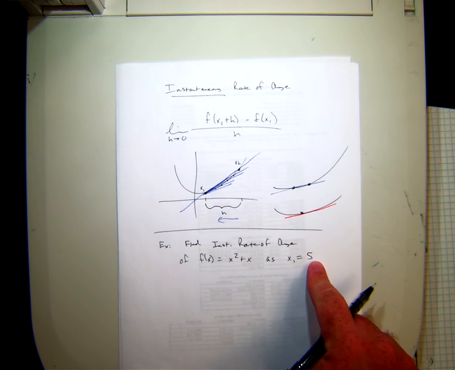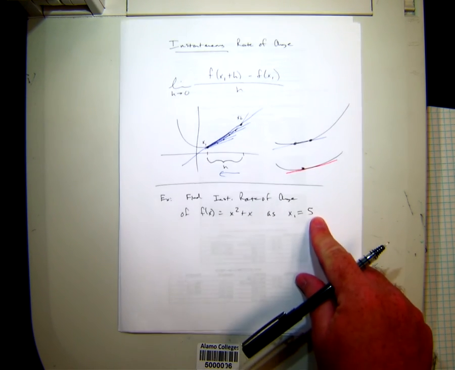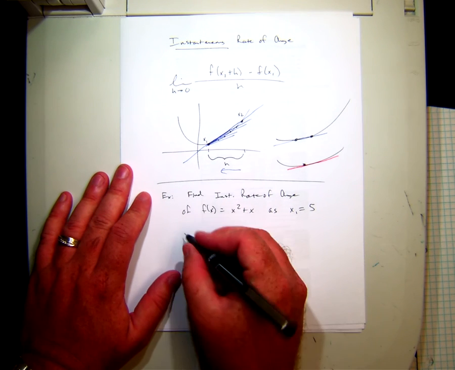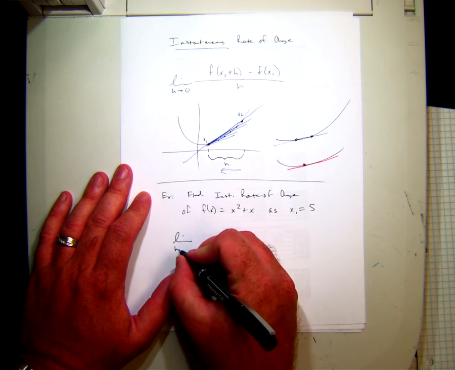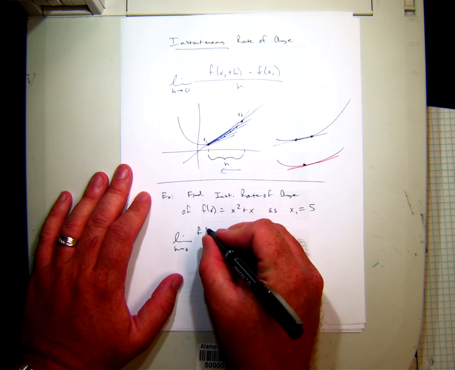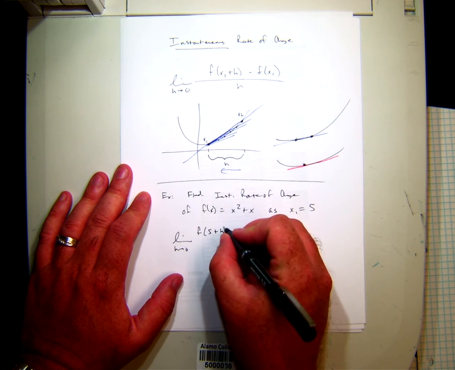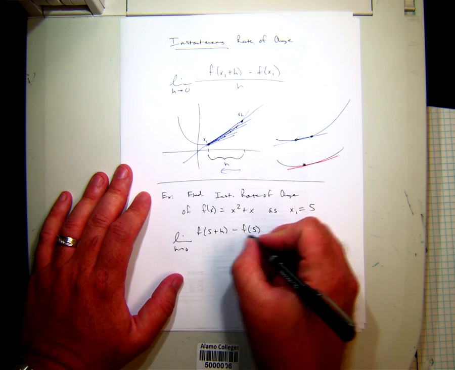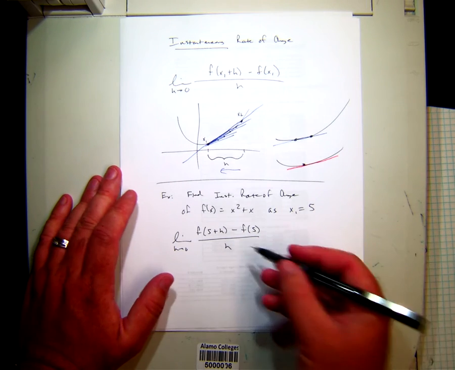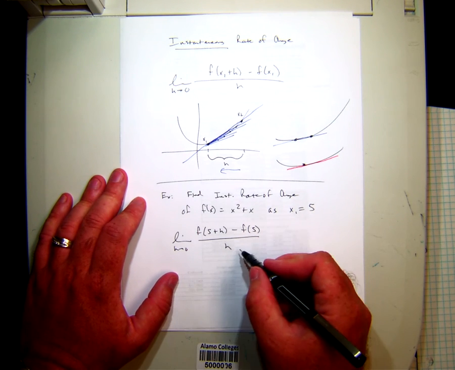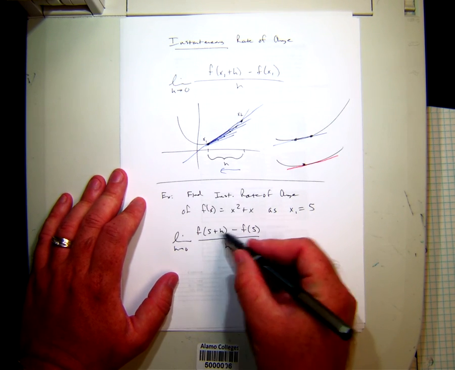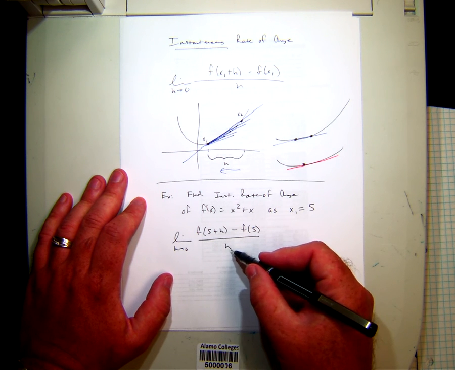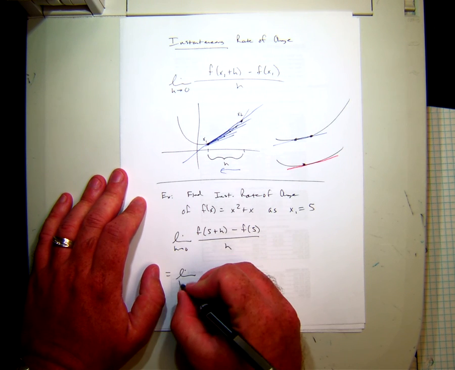They don't give you two numbers now. Now they just give you one. That's all that we need. So here's what we're going to do. The limit as h goes to 0 of f of 5 plus h minus f of 5 all over h. We don't know what h is now. H is going to go to 0. We can't just plug in 0 for h. We'd be dividing by 0. Let's see what happens with the algebra.